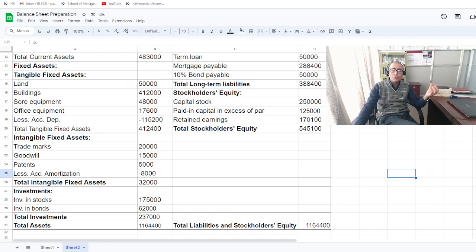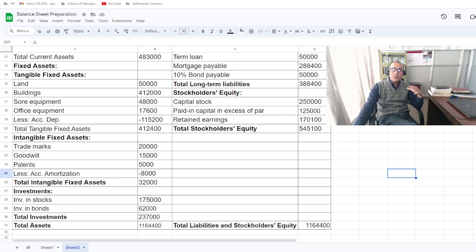Goodwill is what you earn based on your reputation. Patents are based on your research, and as I explained earlier, you have to exclude the accumulated amortization for patents, the intangible part, while accumulated depreciation should be excluded from your tangible fixed assets, excluding the land part.